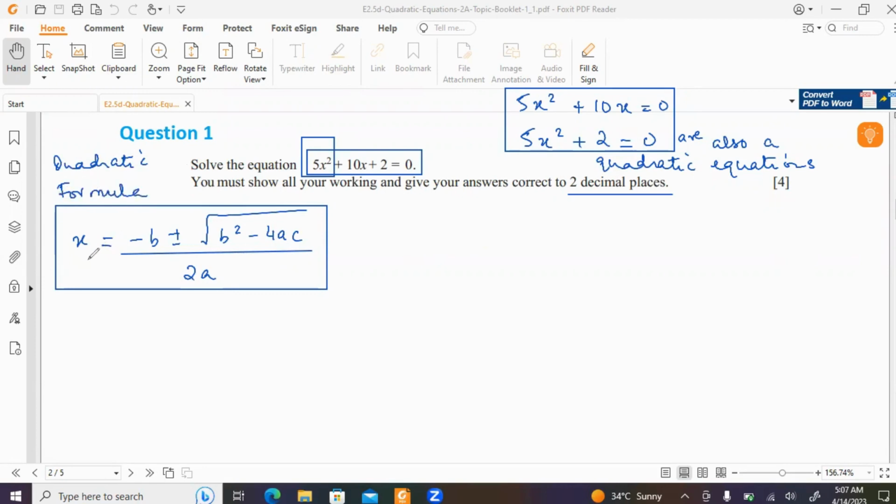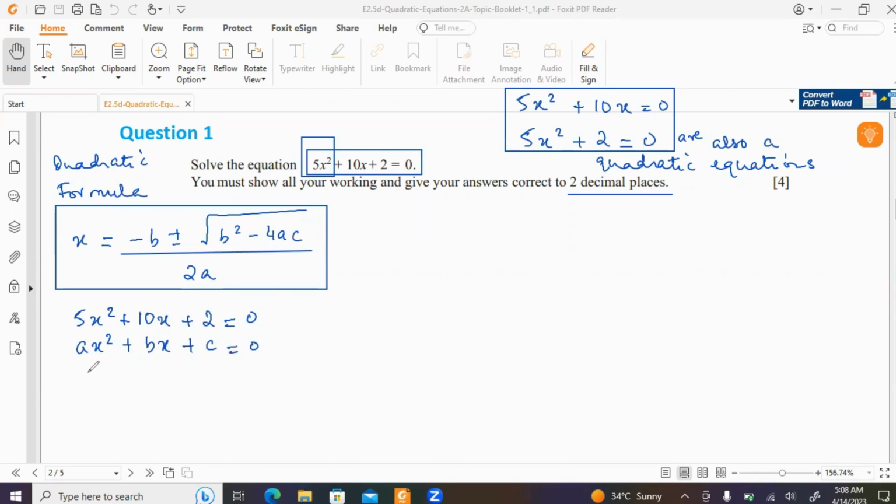Now, in order for us to identify what the values of a, b, and c are, we go back to the equation in the question, which is 5x squared plus 10x plus 2. Now, this is similar to the quadratic equation, which comes as ax squared plus bx plus c equals to 0.